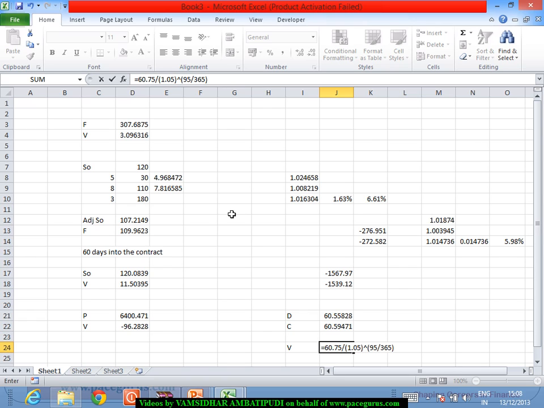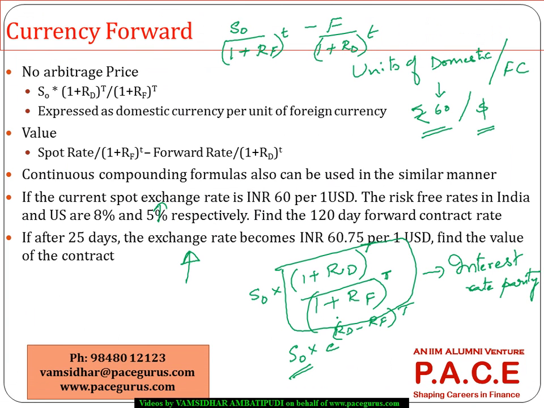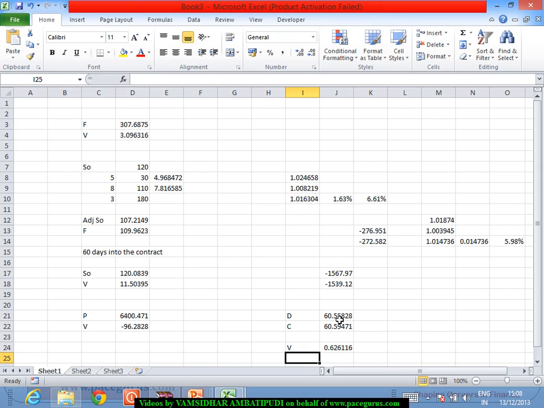So 60.75 by 1.05 to the power 95 by 365 minus whatever is the forward price, the forward rate, divided by 1.08 to the power 95 by 365. In this case, this is coming out to 0.62. So which means the long is going to gain 0.62 in this case, whereas the short is going to lose 0.62.